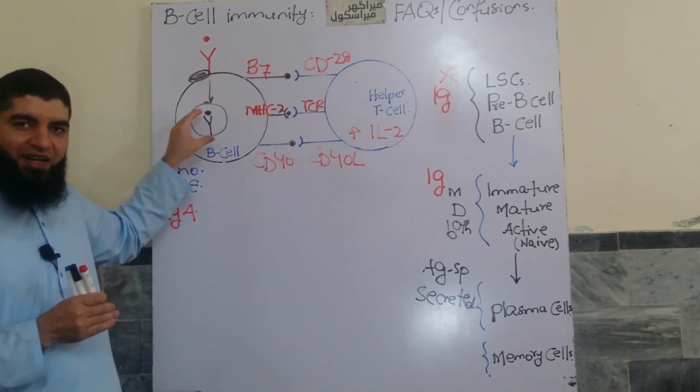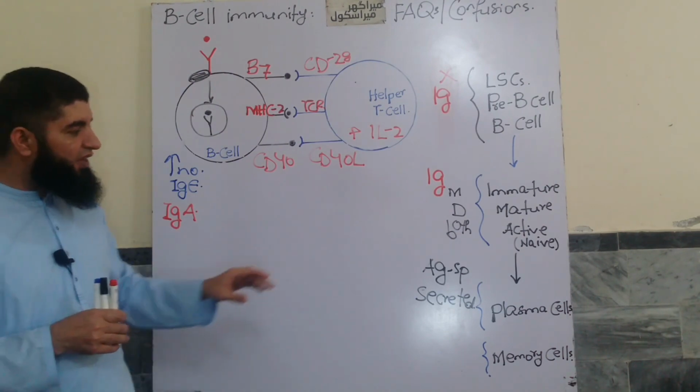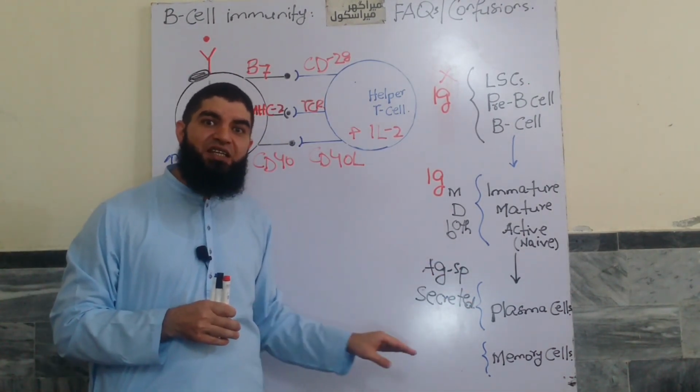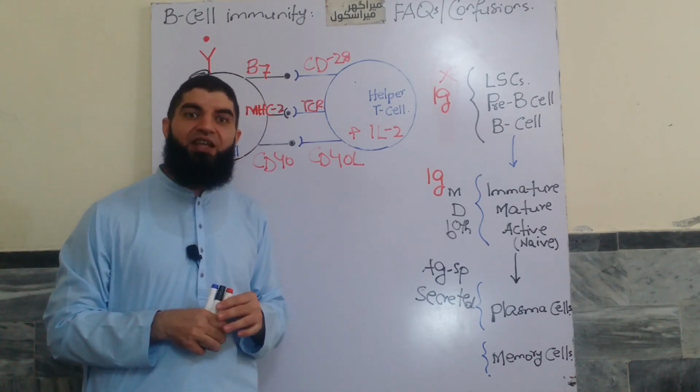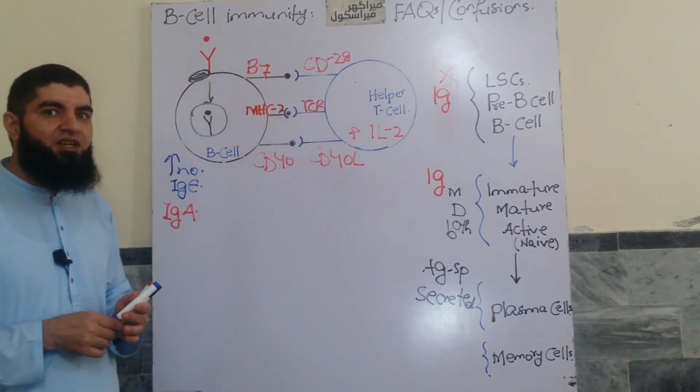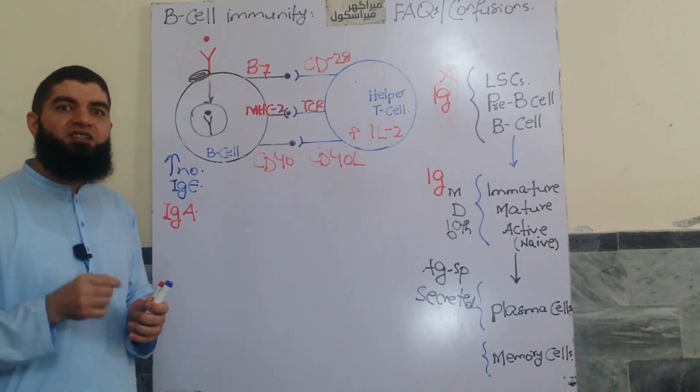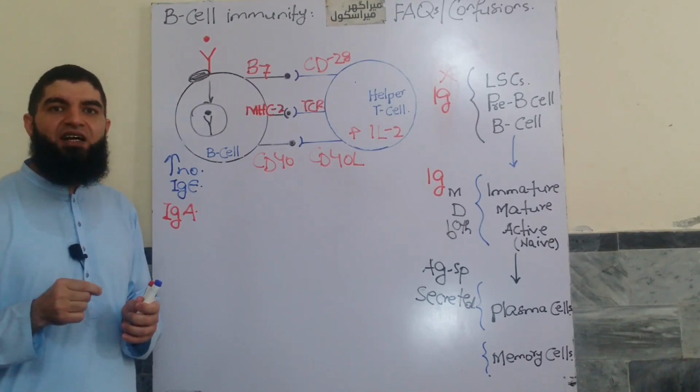Once they are activated, they transform into plasma cells and only then are they able to secrete those antibodies in circulation.